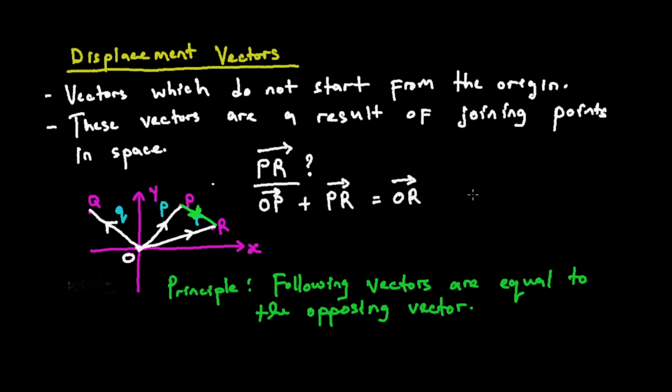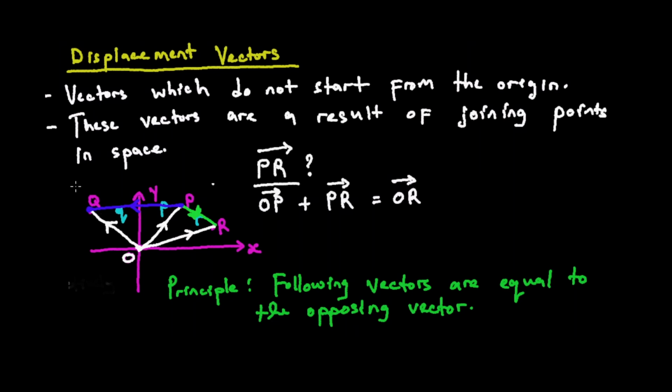When we do vectors, direction is very important. OP and PO are totally different. Understand? So you should be careful there. That's PR for us. What if we want to join, let me say, PQ? We want the vector PQ.